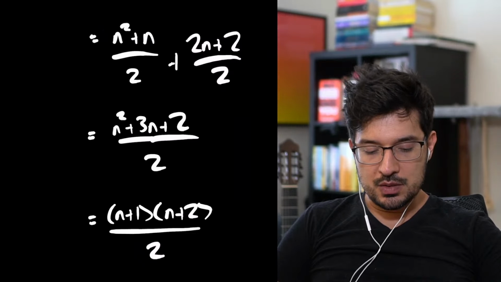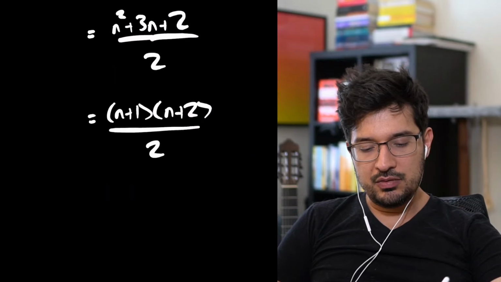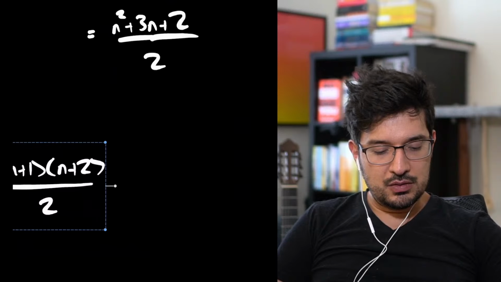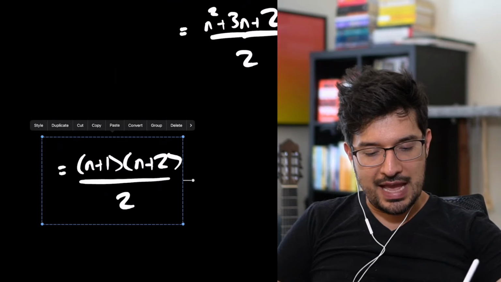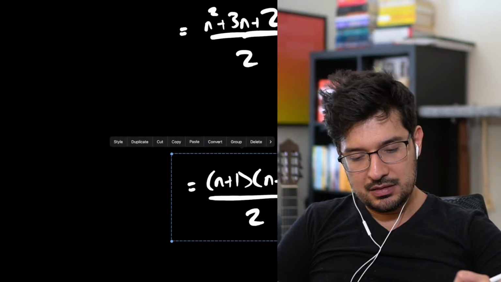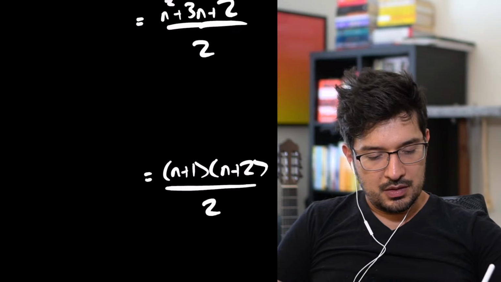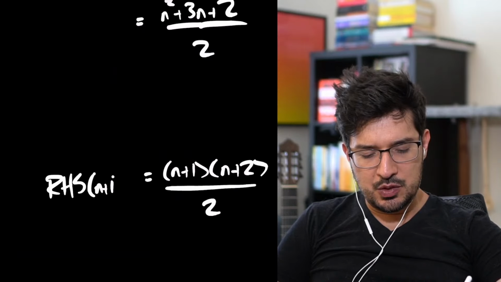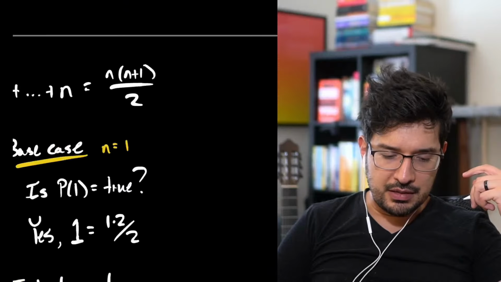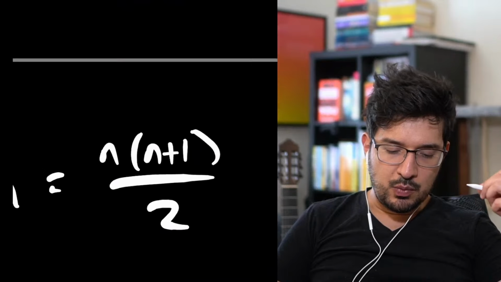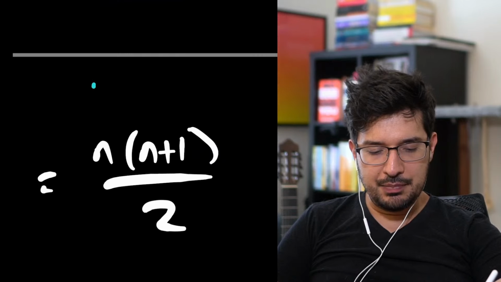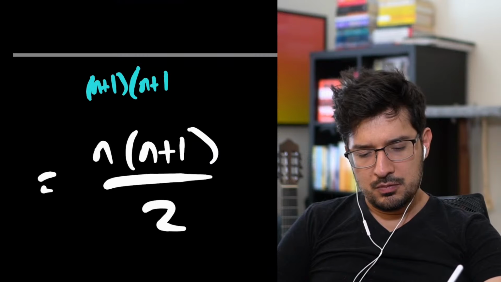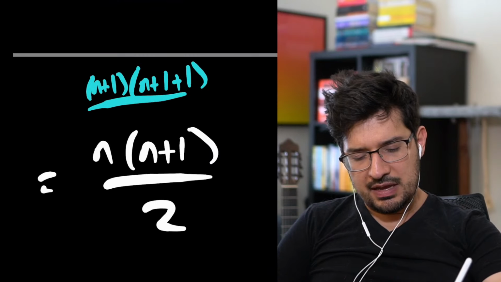If you don't, what you can do is you can take the right-hand side and substitute in n plus 1 into the right-hand side. So when we substitute n plus 1 for n, we'd have this.